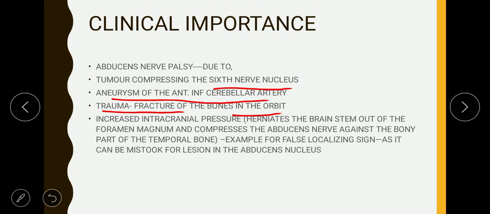So when it is compressed against the bony part of the temporal bone, nerve damage occurs and it is mistaken for a lesion in the abducens nucleus. Hence, it is known as the false localizing sign.